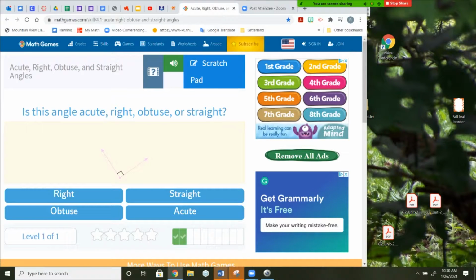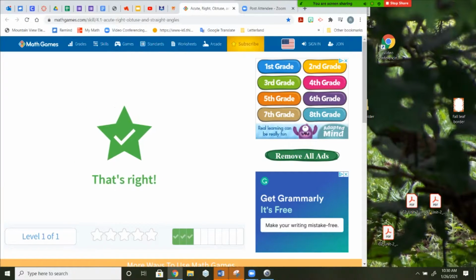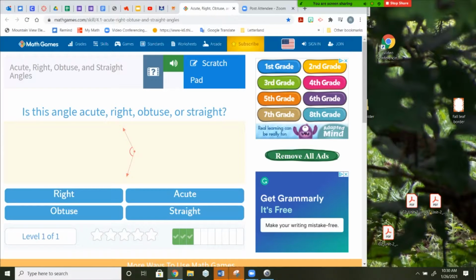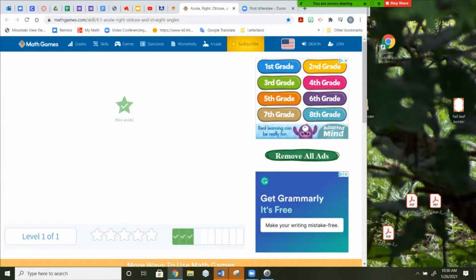The other ones, they do curved lines, but when you see that square, that is a very big hint you have a right angle. Now, is this angle acute, right, obtuse, or straight? Little acute or big obtuse, right, or a straight line? Obtuse. It's a big obtuse. It's wider than the corner of a piece of paper. So you're going to click that.